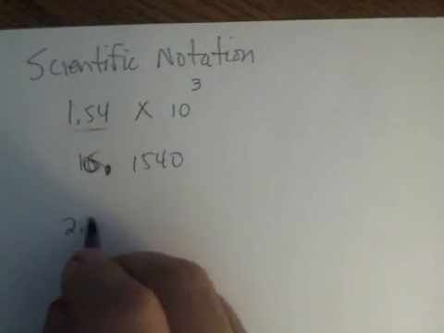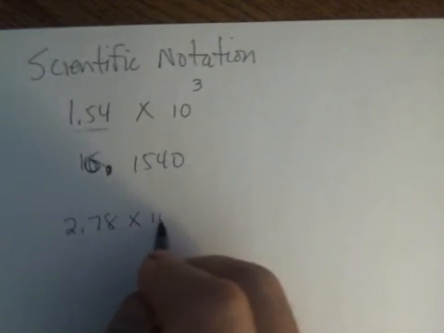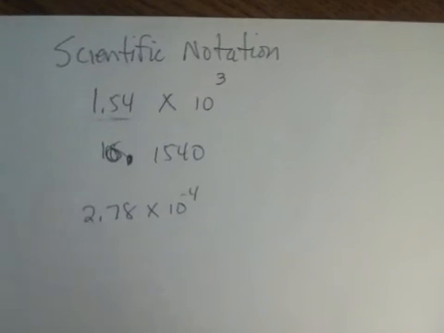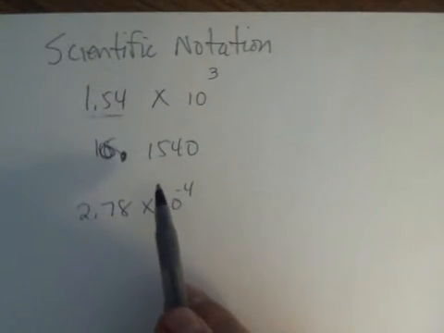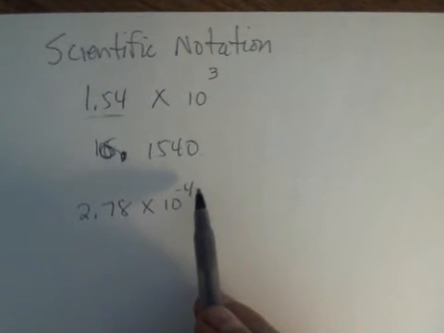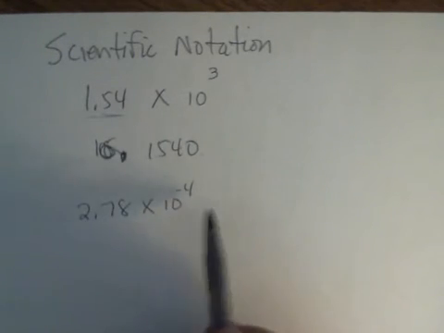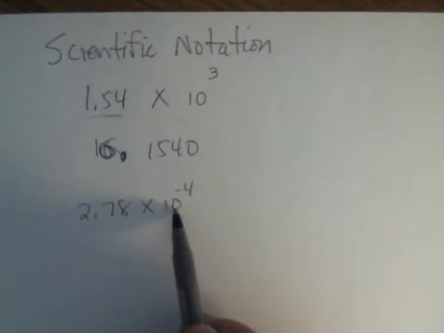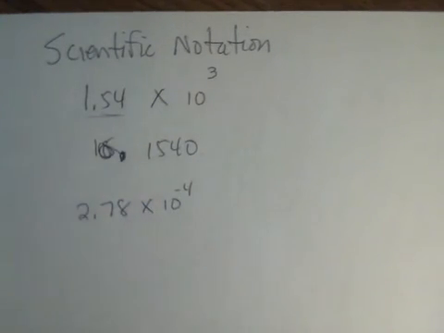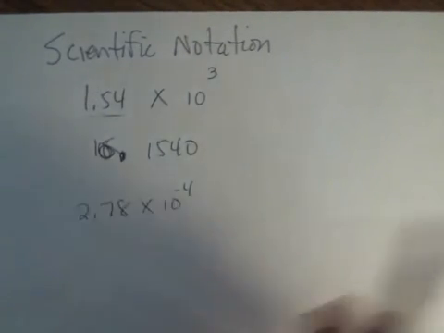Well, let's say I had this number here, where I have a negative power of 10. A negative exponent implies that the number is going to be smaller than 1. So this really means I'm multiplying by 1 over 10 to the fourth, which is 1 over 10,000, which means I'm in theory dividing this by 10,000.